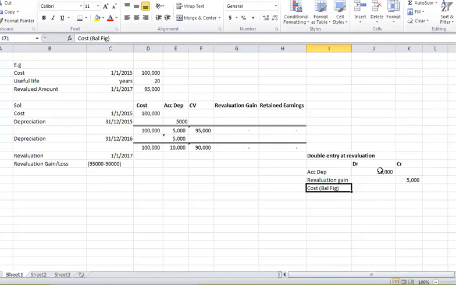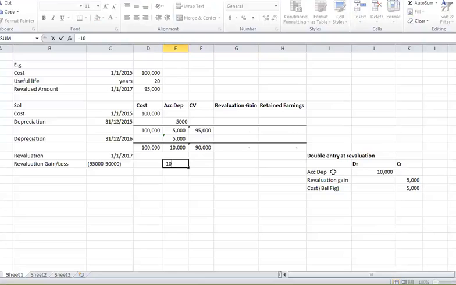So you can see debit side is 10,000, credit side is 5,000. So the cost of the asset will be placed over here, credit. So let's record these double entries in this table. First of all, accumulated depreciation is debit. So it means whenever accumulated depreciation will be debited, means there will be negative accumulated depreciation.